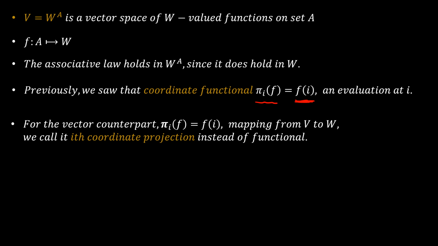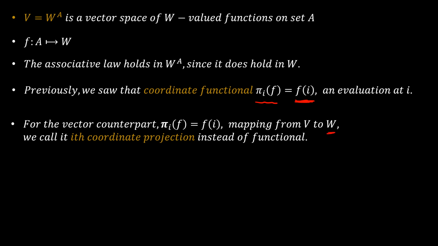In other words, you feed it with vectors and it coughs out a real number. But what if the output is also a vector? For the vector counterpart of the coordinate functional, the mapping is from a vector space V to a vector space W, right?